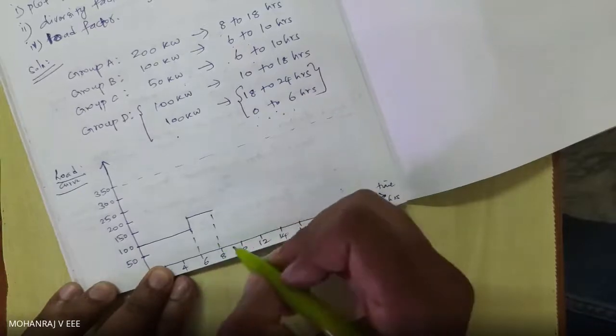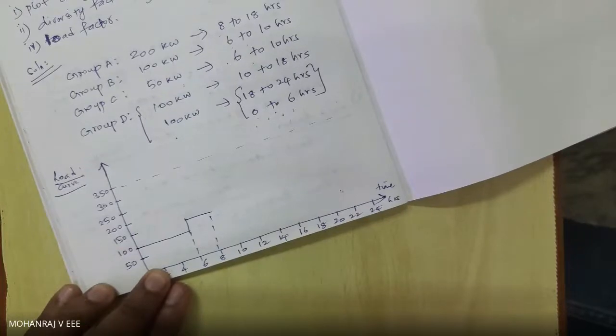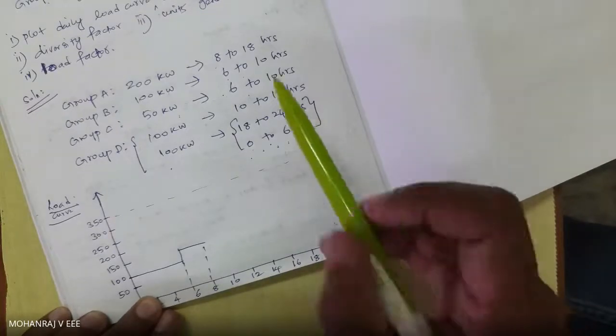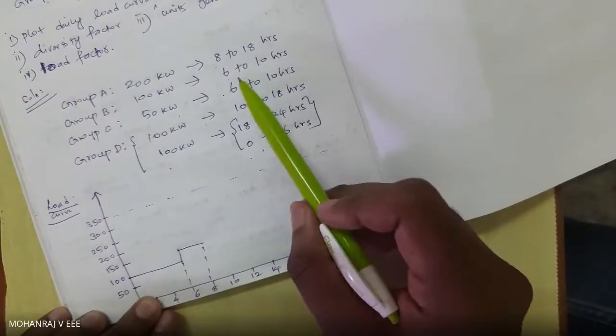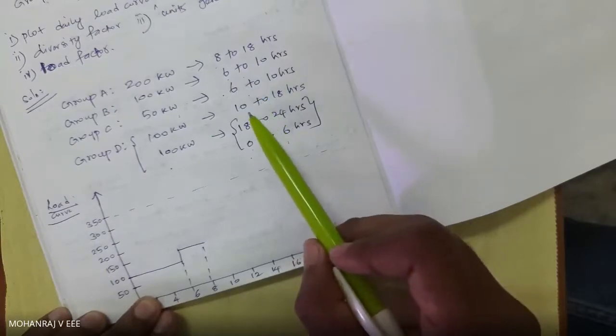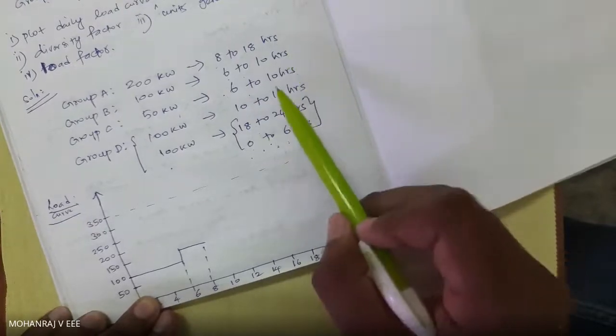Right. So from 8 to 10, what is the load? We have 8 to 10 in the first three groups, but not in the other two.